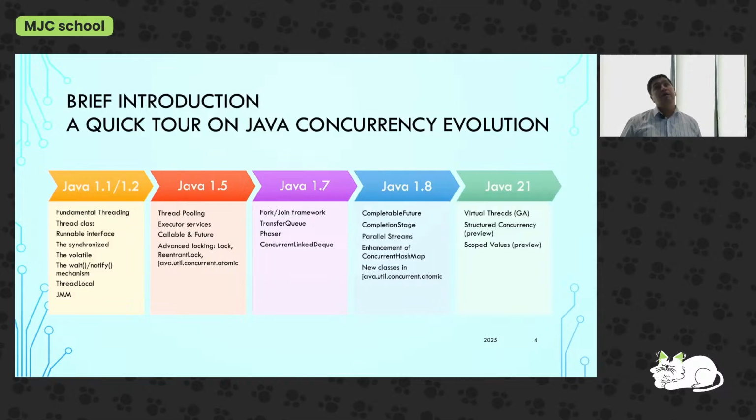And in Java 21, which is a long-term support (LTS) version, most projects have already migrated to it. We are going to discover virtual threads and related pitfalls when using virtual threads.